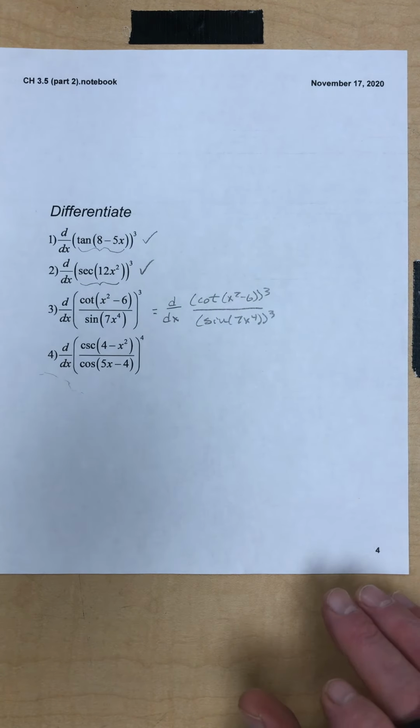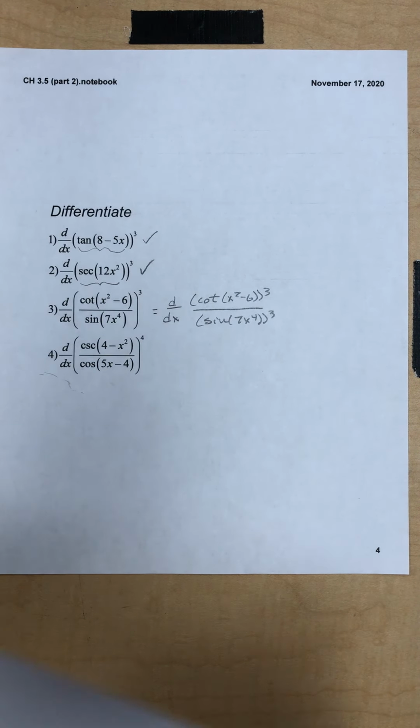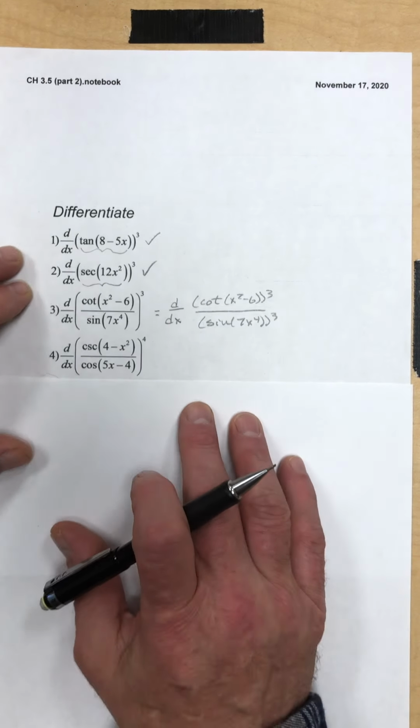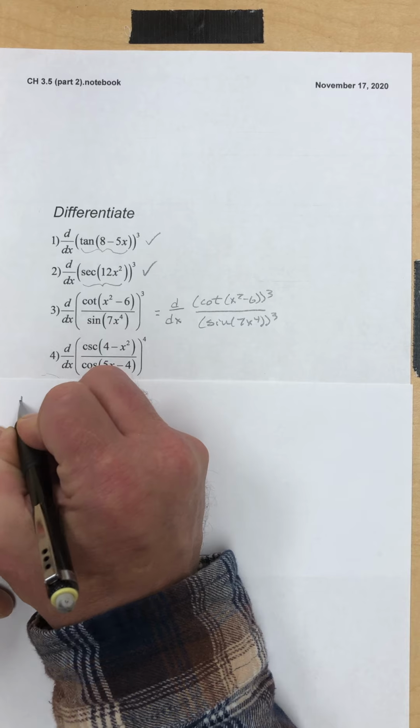Okay, so let's get into that last problem. This guy right here. And notice it's a very similar type problem, just like the last one. So I'm going to treat it the same way.